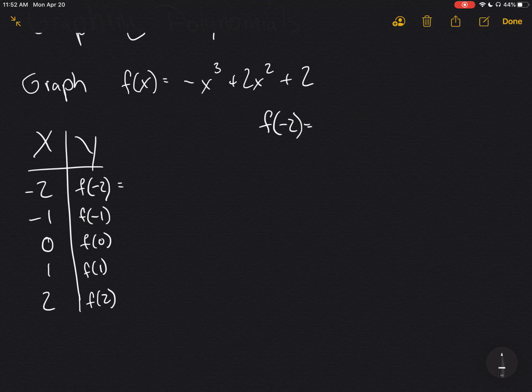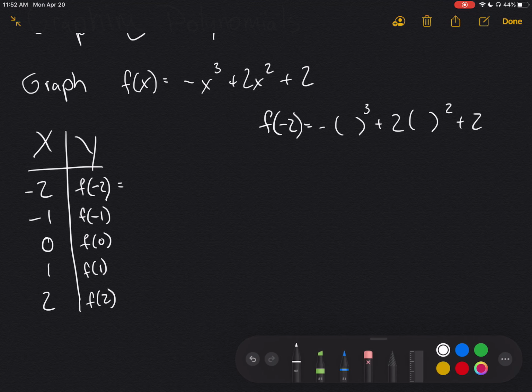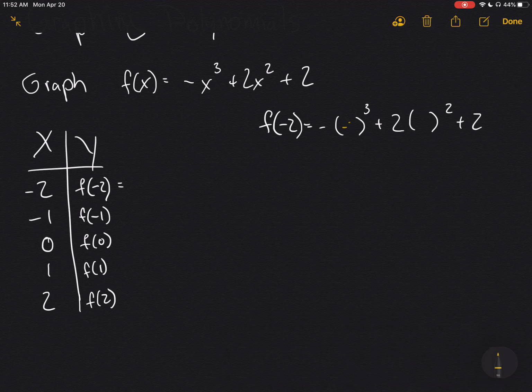To do that, what I like to do is put parentheses wherever I see an x. This keeps me from making mistakes with my negatives, and now I'm just plugging in -2 wherever I see those parentheses. From here, you could simplify on your own, or you could plug it into a calculator.